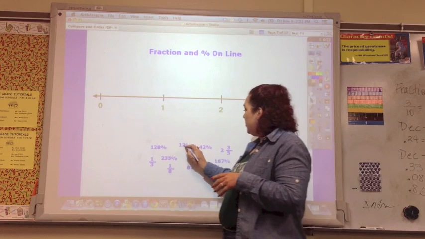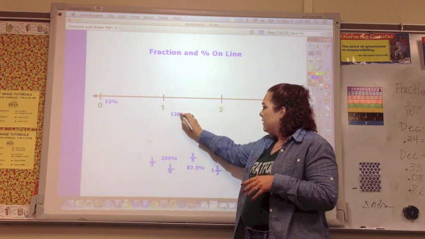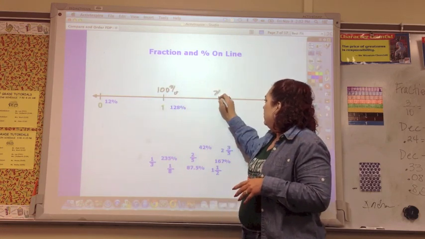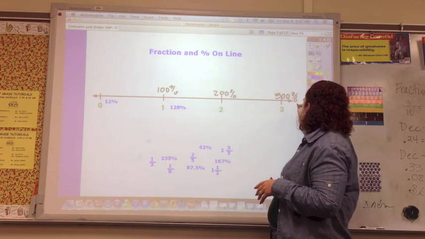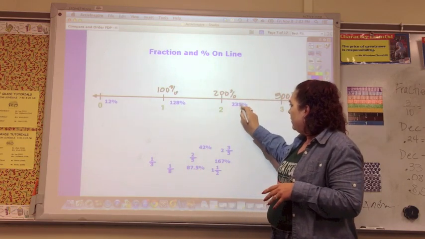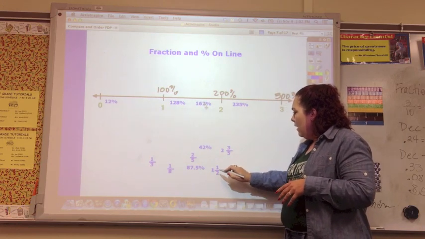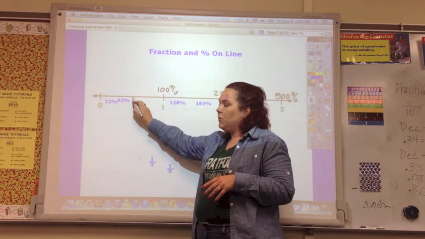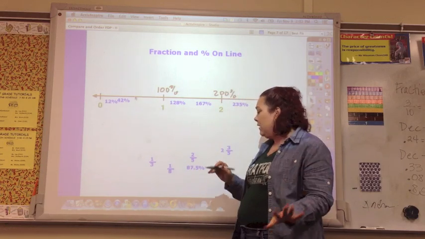So 12% would go way down here close to 0, and 128%, since 1 is 100%, and 2 is 200%, and 3 is 300%, then 128 would go about here, and 235 would go here, and 167 would go in here, and 42% is going to go less than 50%. 50% would be right in here, between 0 and 1, 1/2, 50%.